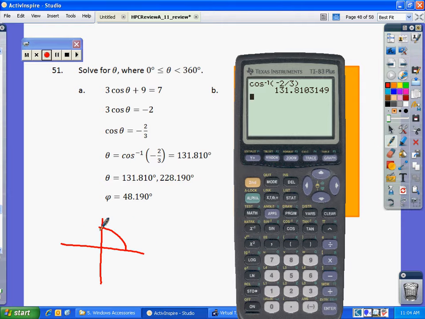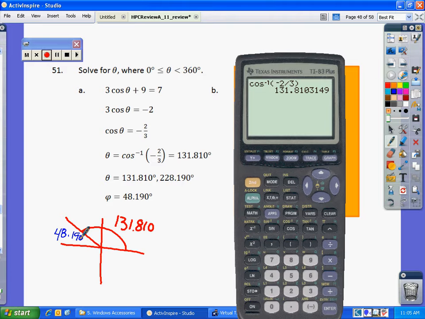Just to re-emphasize that, the calculator gave you an answer of 131.810. That means that I know my reference angle is 48.190.